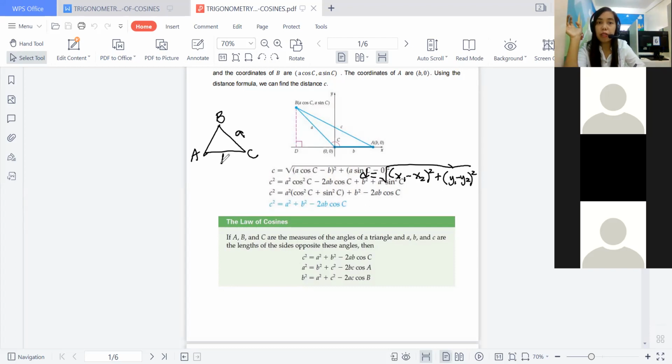The opposite of B will be side b. The opposite of angle C will be side c. That's how it is, class. So if A, B, and C are the measures of the angles of a triangle, and a, b, and c are the lengths, the uppercase is the name of the angle of the given triangle.